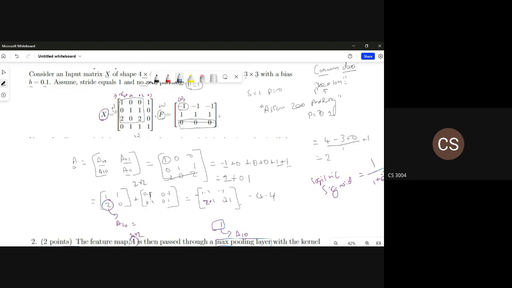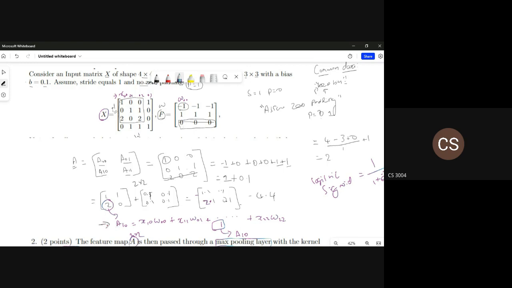This is X10 W00, then plus X11 W01, and all the way up to the final term, which will be X22 times W22.